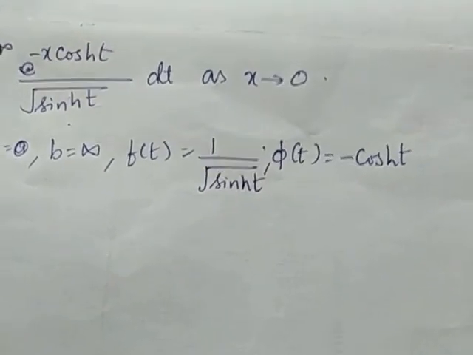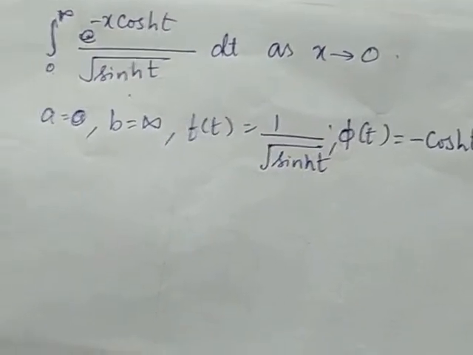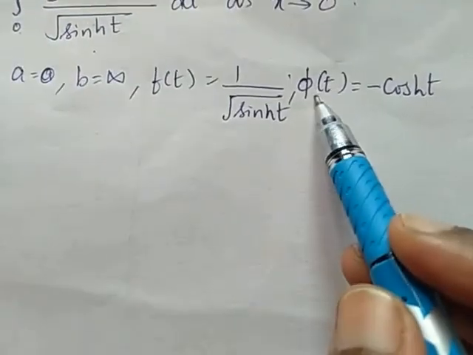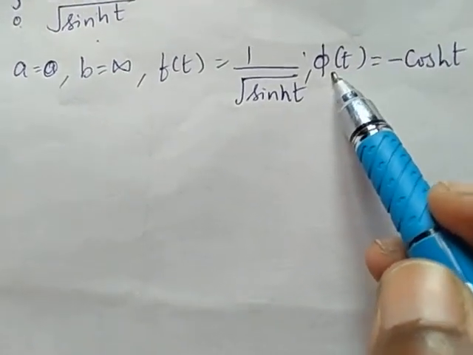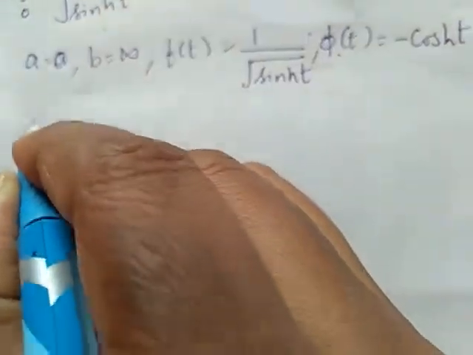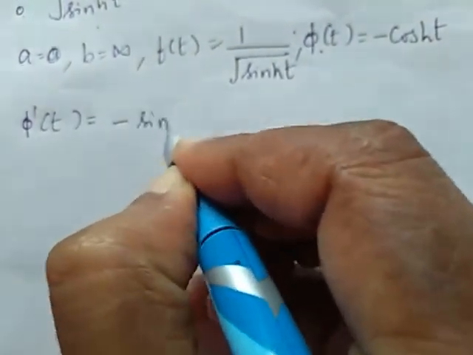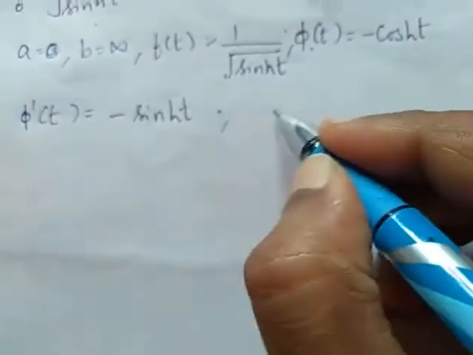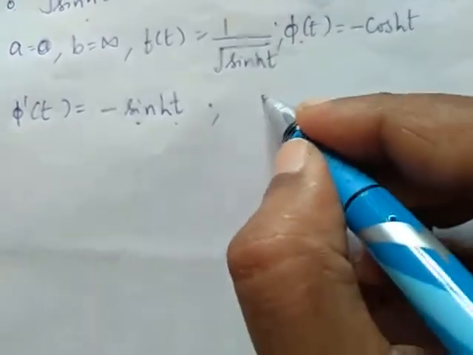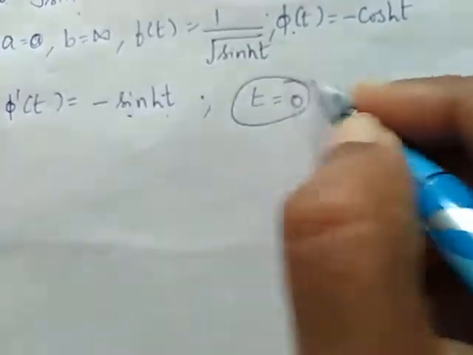Now we have to find the maximum value for phi of t. How to find it? We will differentiate phi and equate to 0. The differentiation of phi of t is minus sinh t. When sinh t is equal to 0, we have t equal to 0.